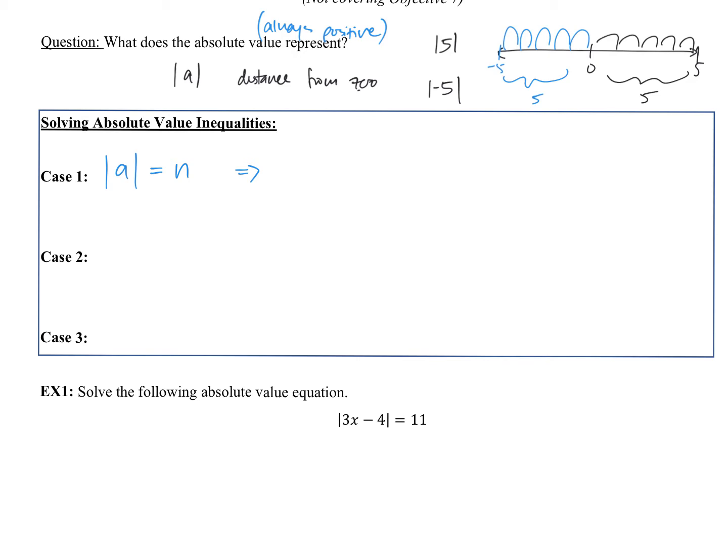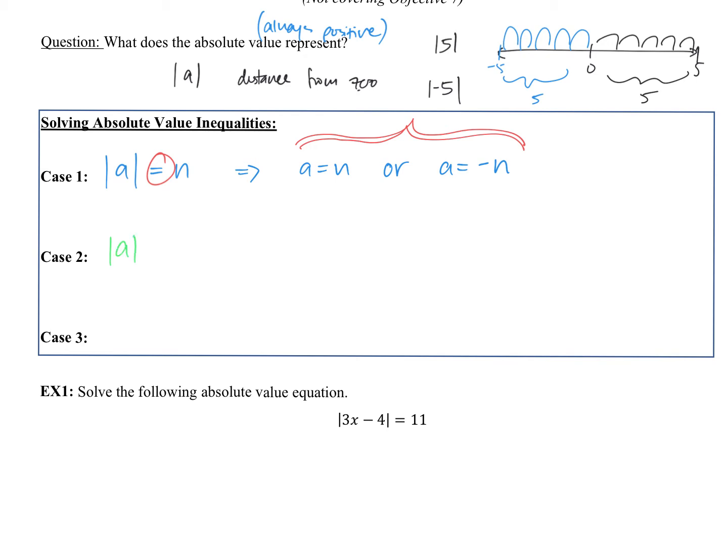So if a is equal to n, or a is equal to the opposite of n. Okay, that's if you just have the equal sign. That is how you translate it without the absolute value. So notice we don't have any more absolute values on this end. That is our goal.